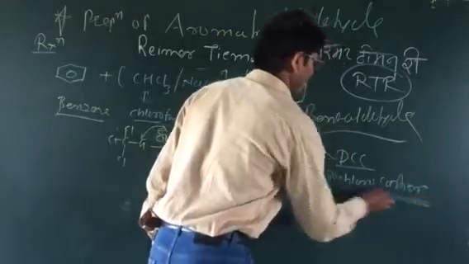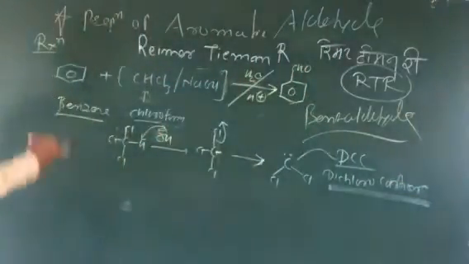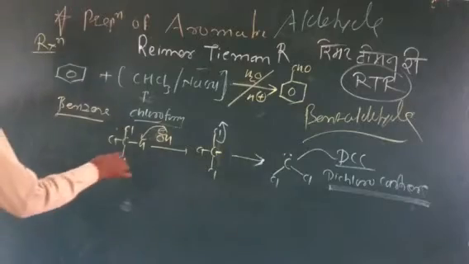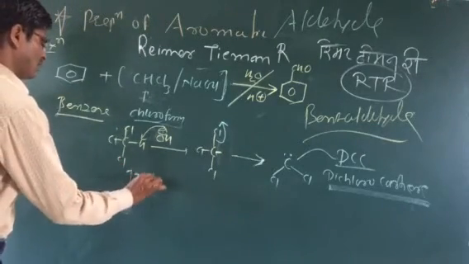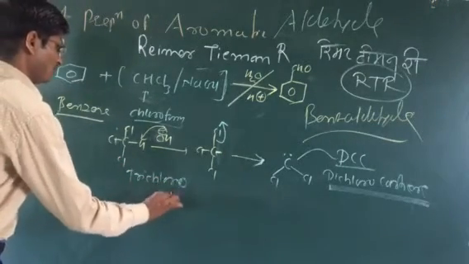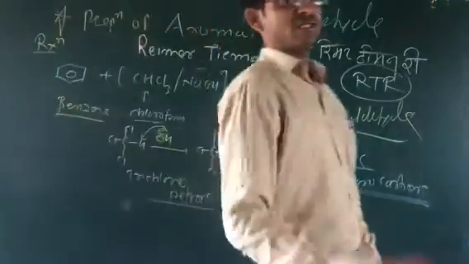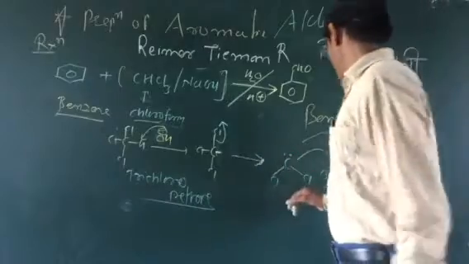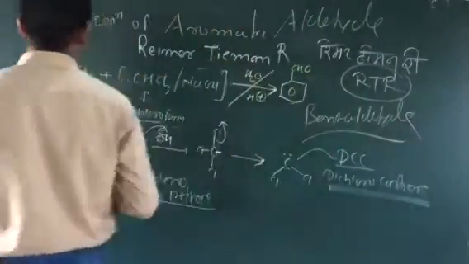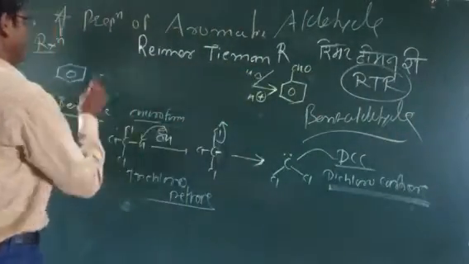This is the formation of dichlorocarbene starting from trichloromethane, starting from chloroform.